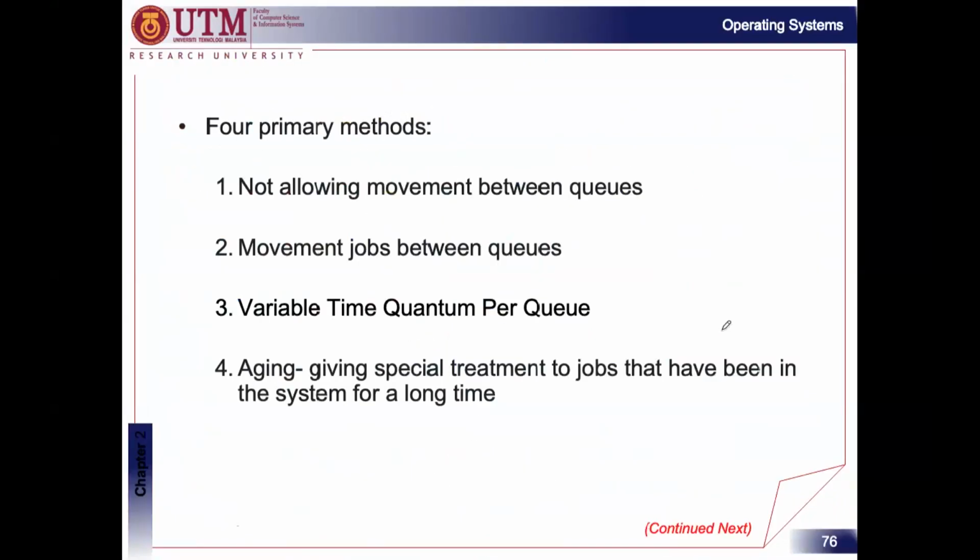So 4 primary methods. First, not allowing movement between queues. Second, movement of jobs between queues. And then there is a method for variable time quantum per queue. And then aging, giving special treatment to jobs that have been in the system for a long time.